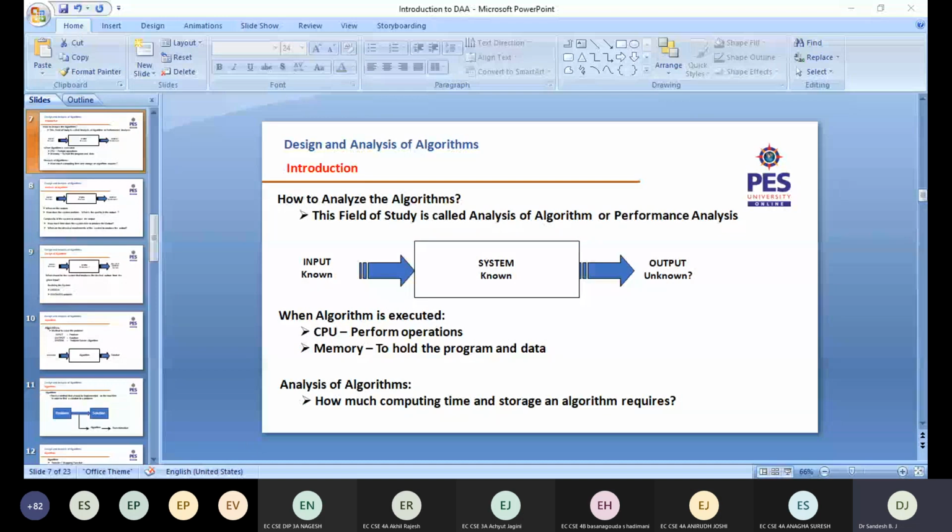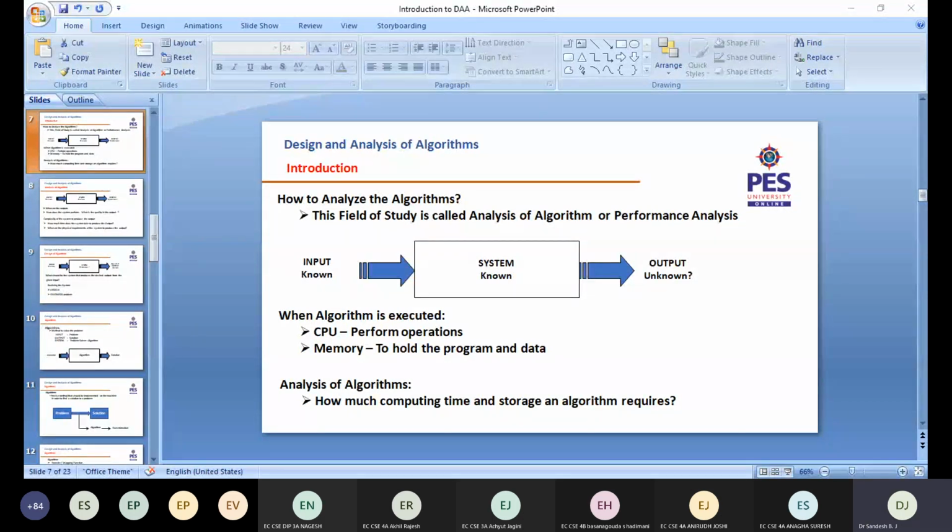At this instance, you don't know the output. After giving different instances of input, your algorithm is executed and you get certain output. Earlier the output is unknown. Then when you get the output, you are going to check the quality of the output.